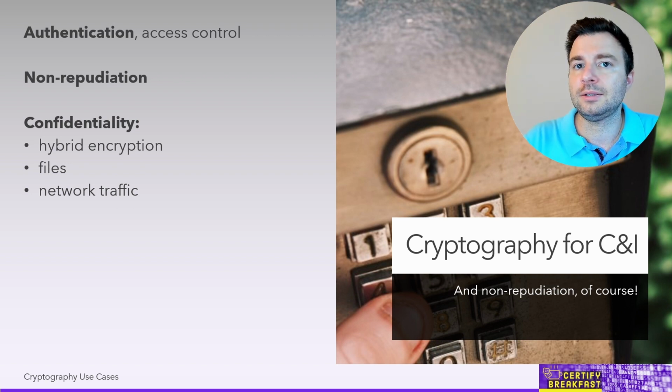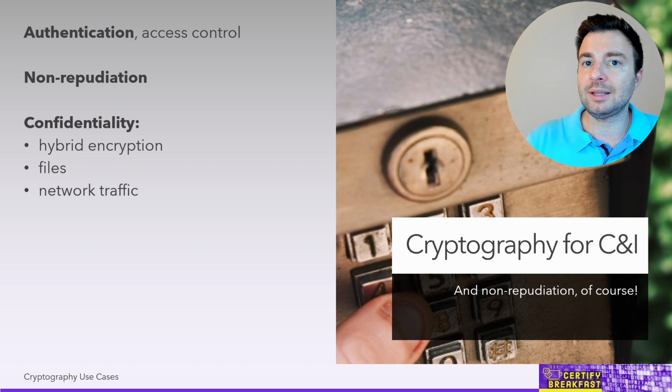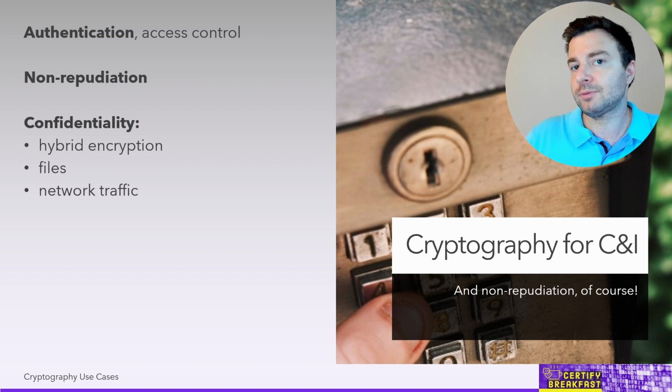Then the public key is used to generate a random symmetric key. And that random symmetric key is actually used to encrypt the data on the disk. Now, when somebody needs access to the data on the disk, they can use the private key stored in the TPM, of course, after they've properly authenticated, to decrypt that symmetric key, and then use that symmetric key to decrypt the actual files on the disk.